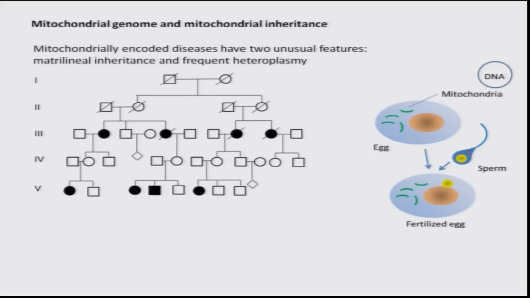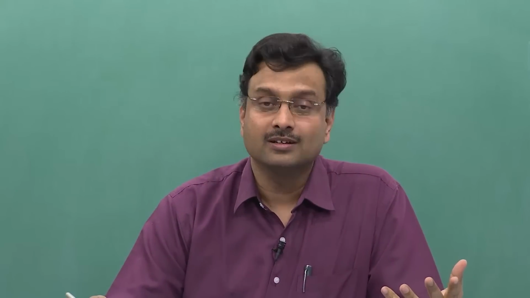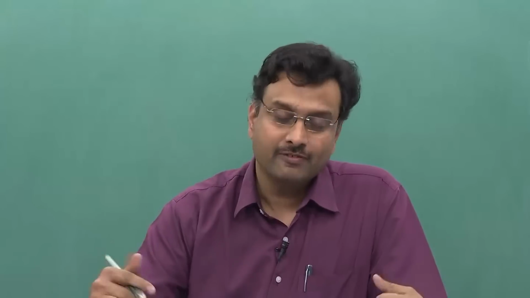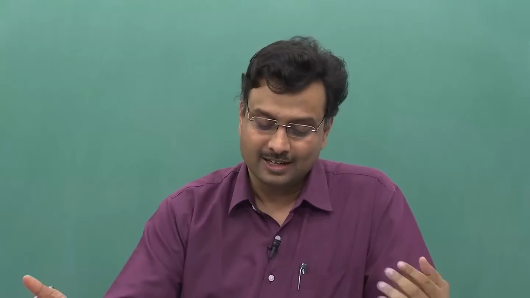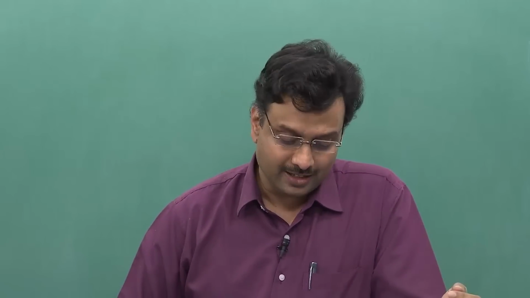So, any defect that you have developed in your mitochondrial DNA will not go to the next generation. You may receive a defective DNA from your mother, but you will not segregate that to the next generation. Therefore, the inheritance pattern of a phenotype resulting from a mitochondrial DNA defect is going to be very different.